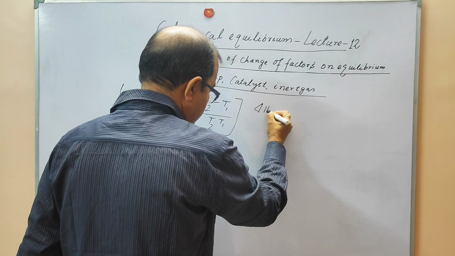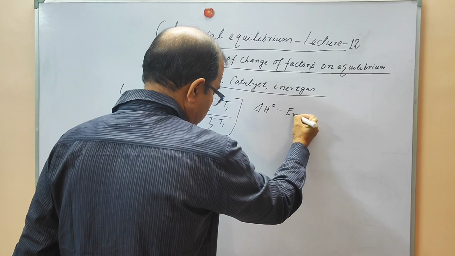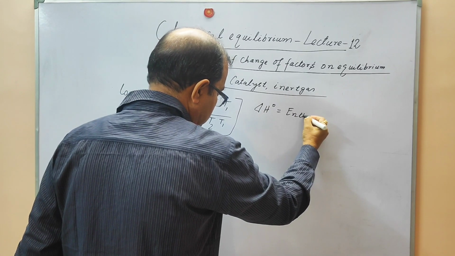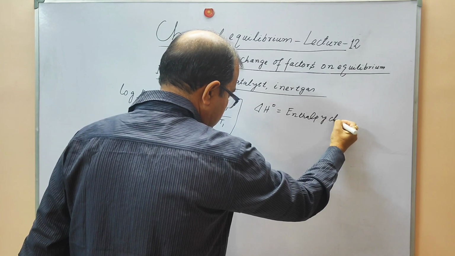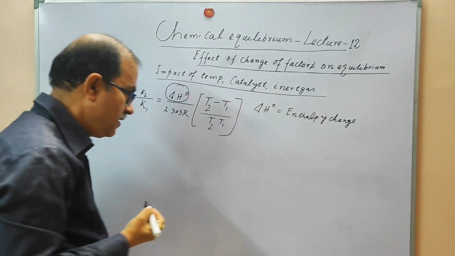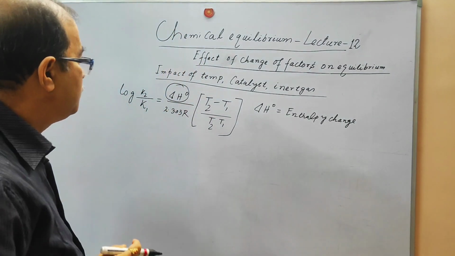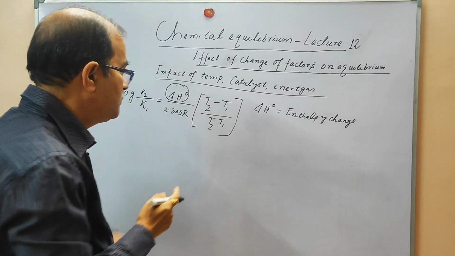Here ΔH is the enthalpy change of the reaction. How does this enthalpy change determine the effect of temperature on the equilibrium constant?